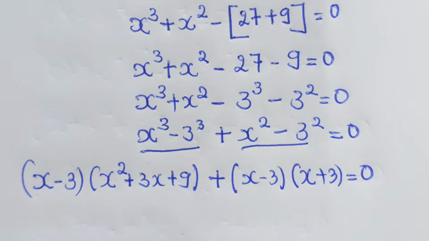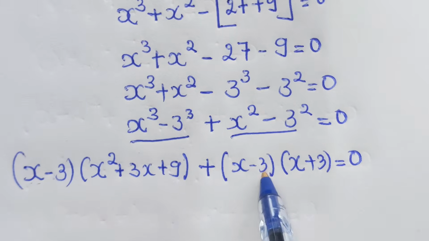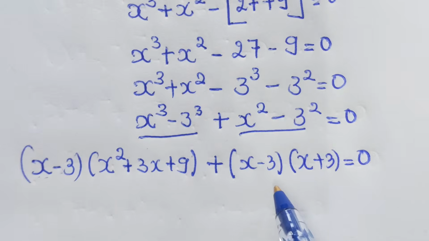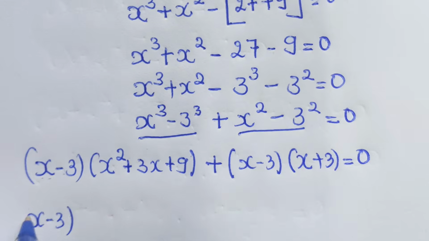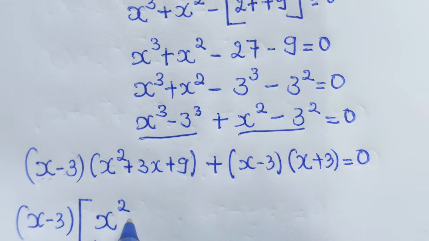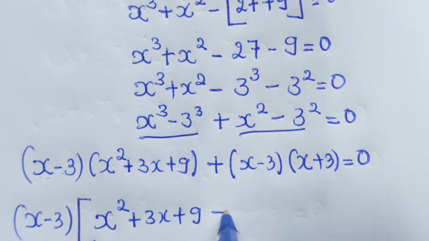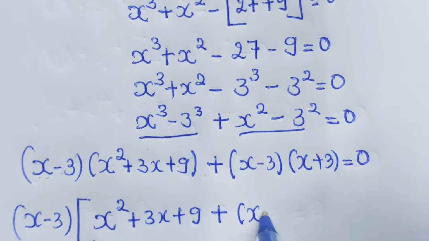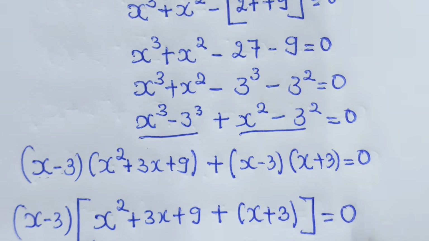At this stage we have x - 3 and x - 3, we can factorize them out. We write (x - 3) open bracket of (x^2 + 3x + 9 + x + 3) equal to 0.